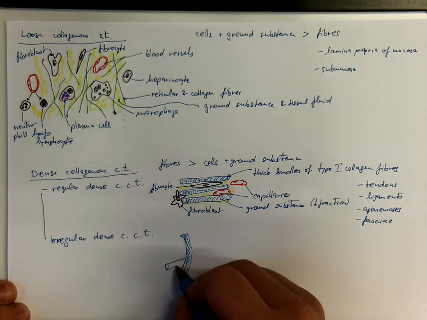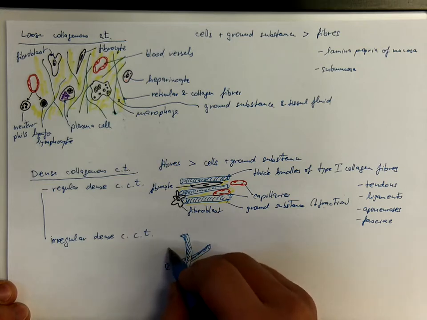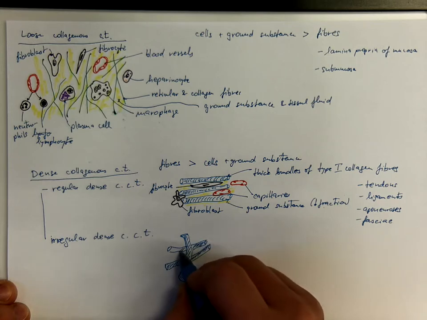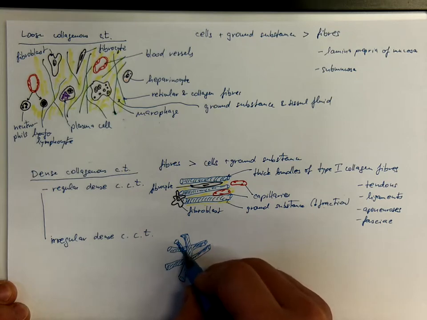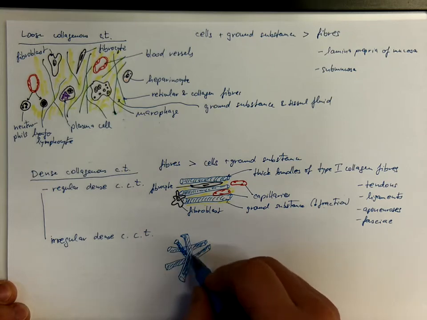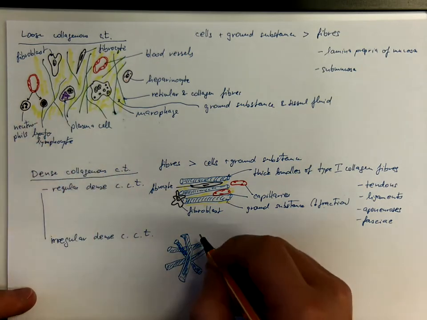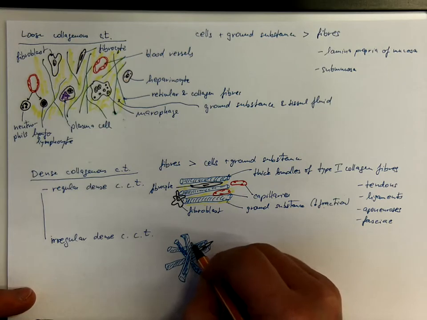So more orientations are represented in the tissue, and you cannot precisely tell which one predominates. There is a whole network of collagen fibers. They do not branch, but they might overlap, and the gaps are filled with mostly fibrocytes. They might be fibroblasts indeed.